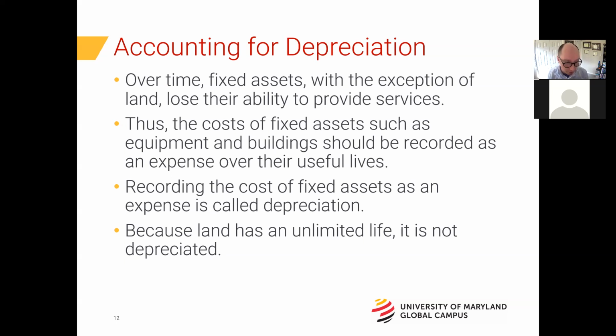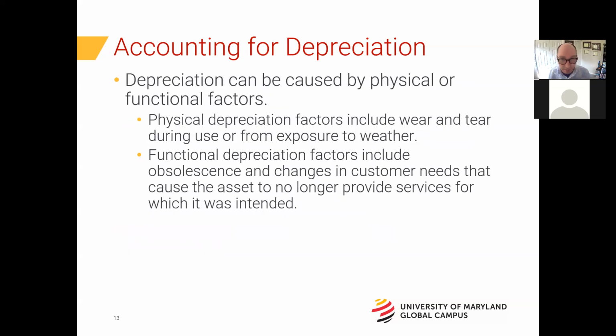In this example, $25,000 minus 0 residual value divided by 5 years is depreciation of $5,000 per year for a period of 5 years. That is how depreciation works. The same concept can be applied using other factors of depreciation. It doesn't always have to be 5 years.